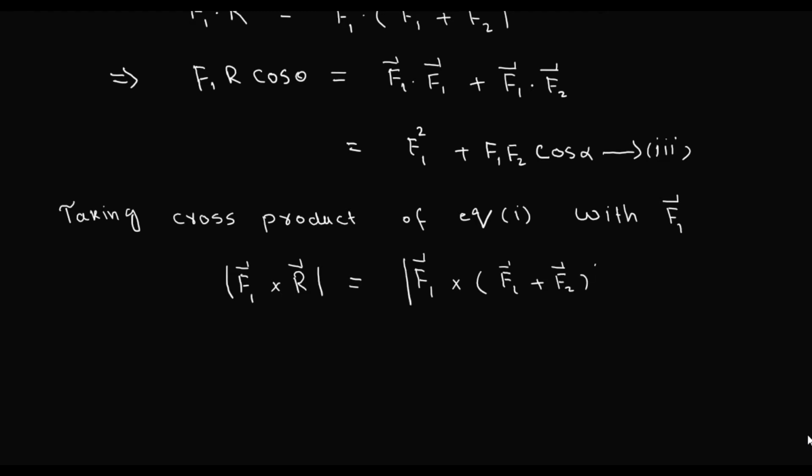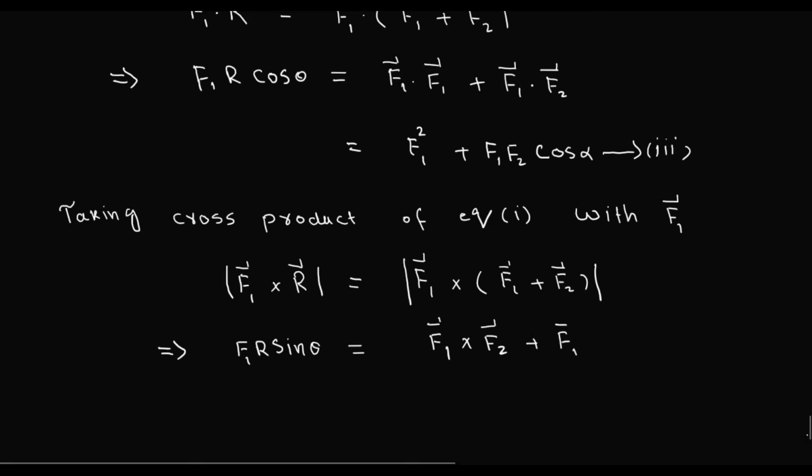The cross product always involves the sine of the angle, so this will be equal to F1 R sine theta, because the angle between F1 and R is theta. So F1 cross F2 plus F1 cross F1.